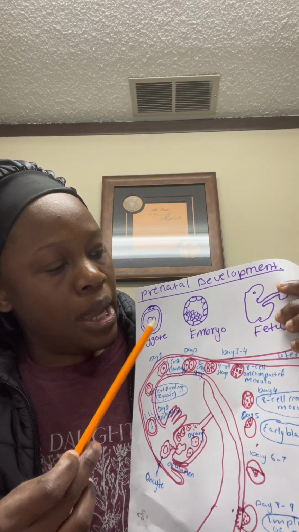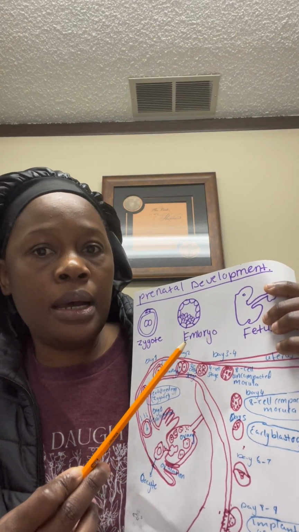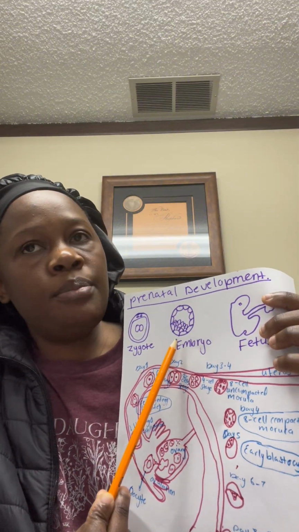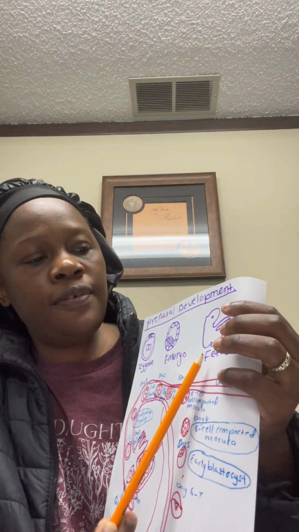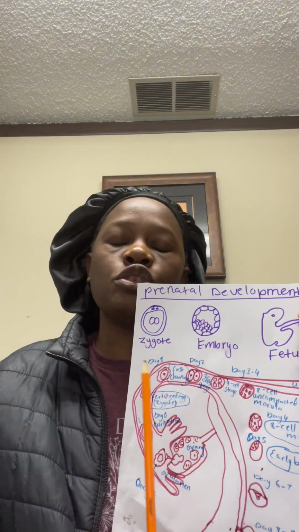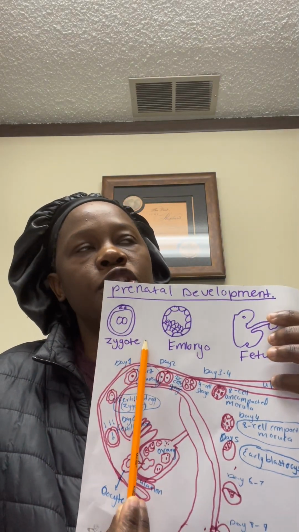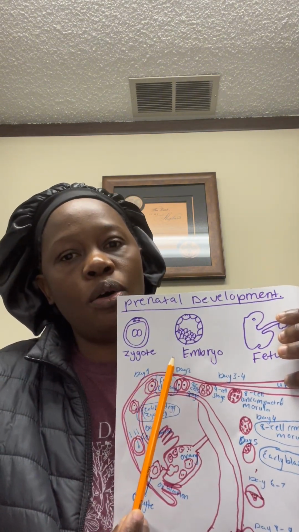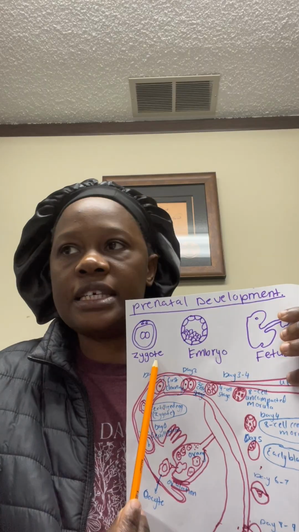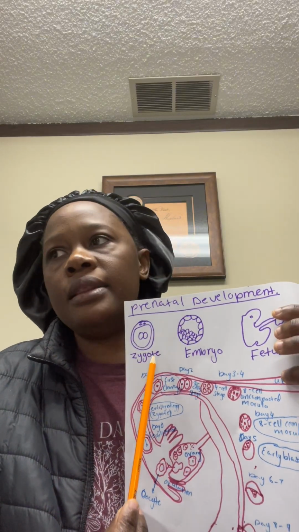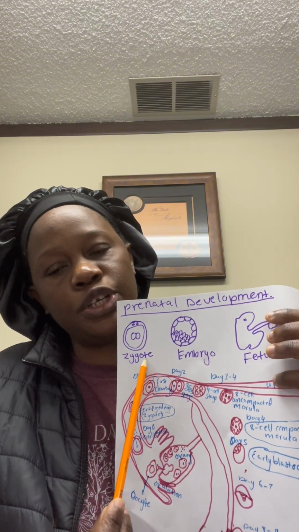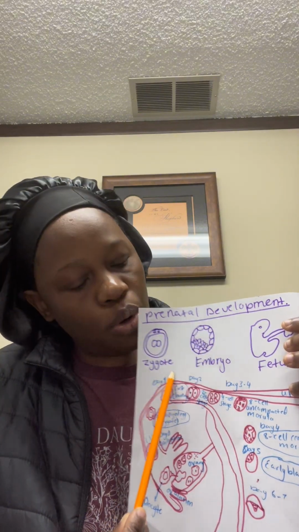And then from there, we have the embryonic period and the fetal period. In the embryonic period, the formation of the germ layers takes place, and organogenesis: the brain, the heart, the limb buds, the digestive system, and the neural tube, which forms the brain and the spinal cord.